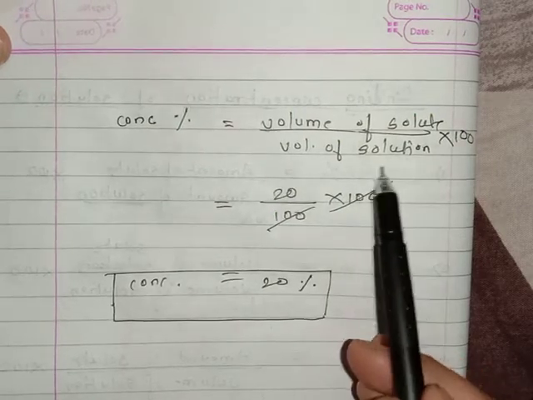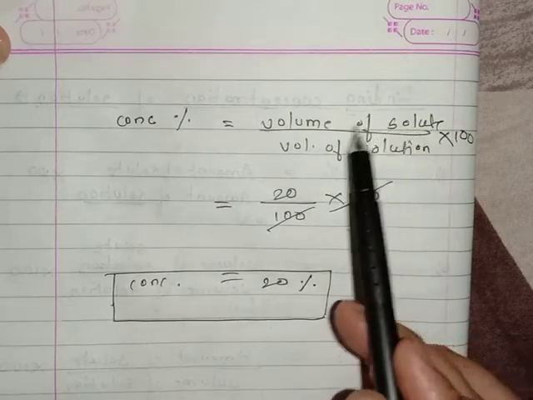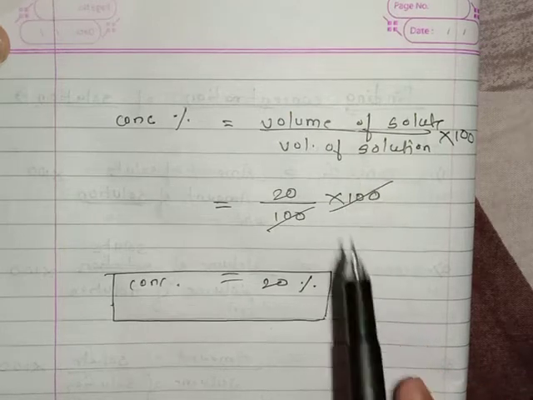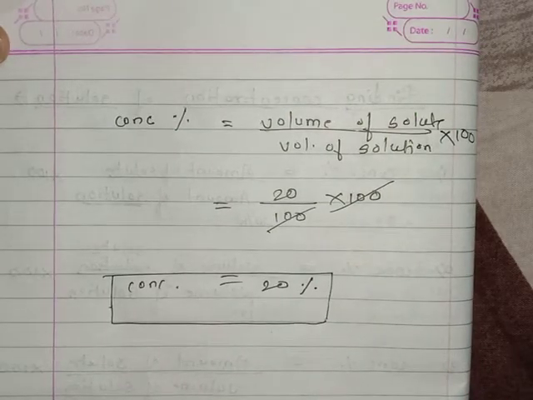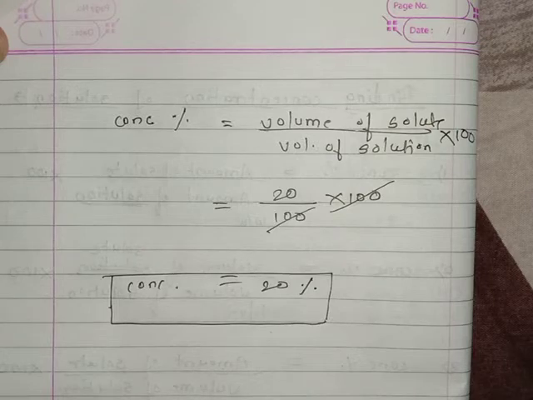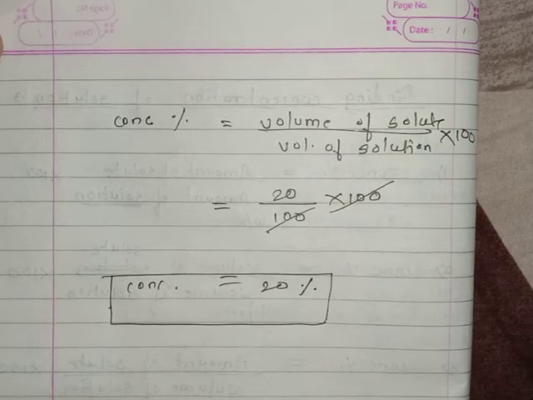In a solution, sometimes in a question the value of solution is already given. Say for example, 20 ml of alcohol is added into water to form 100 ml of solution. The question is quite different from the previous one.